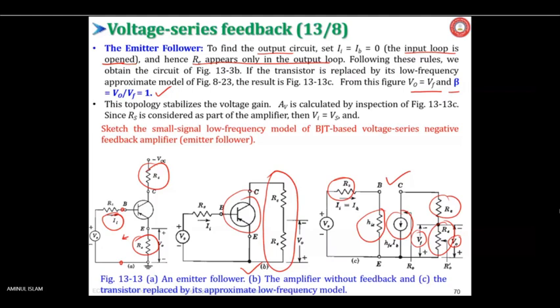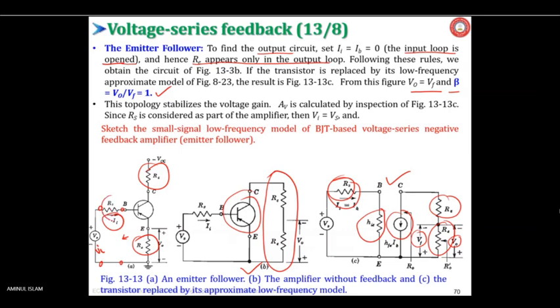This topology stabilizes the voltage gain. We have already seen that it improves the voltage gain, but a little reduction takes place in the gain. A is calculated by inspection of this figure C, and since RS is considered as part of the amplifier, it means VS equals VI.